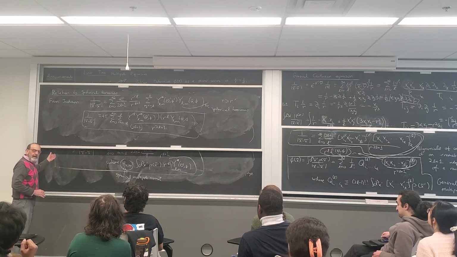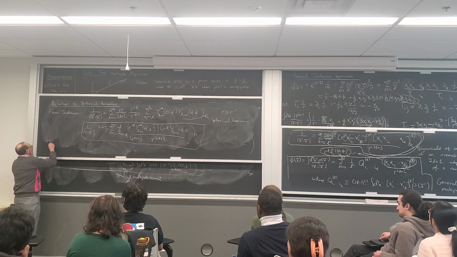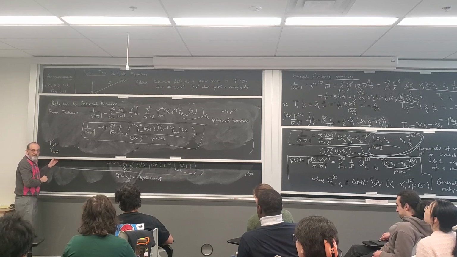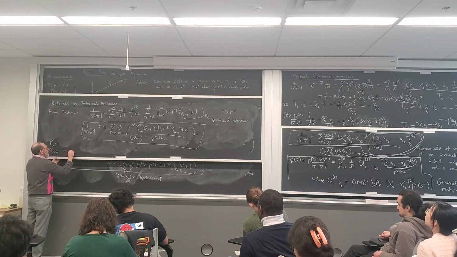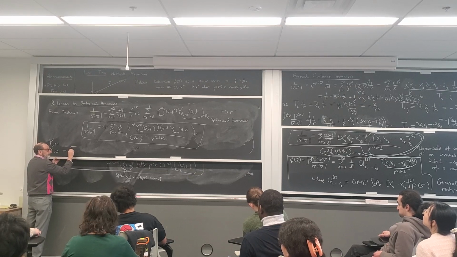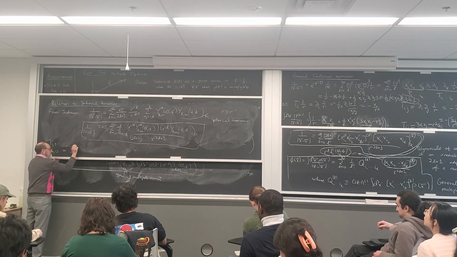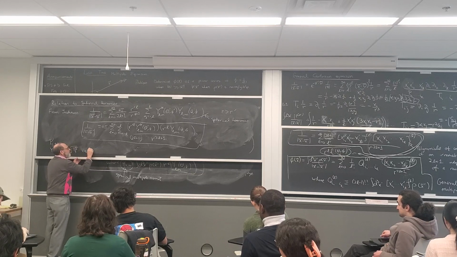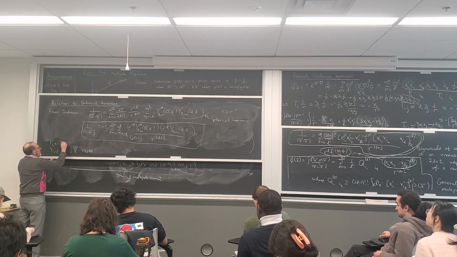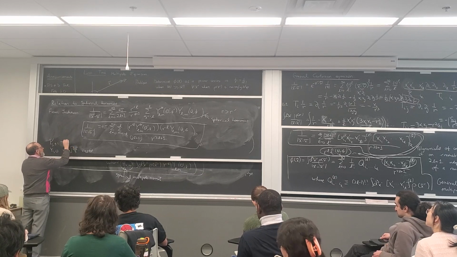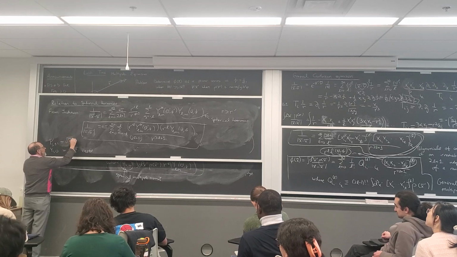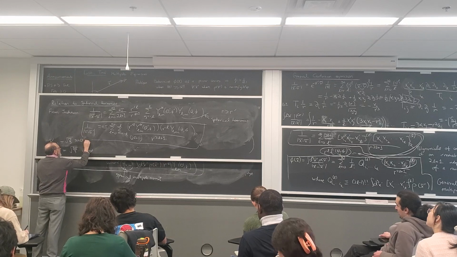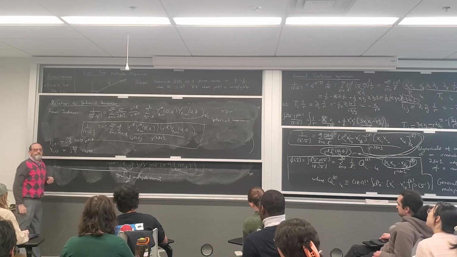That's correct. And so let me give a quick example. Let's look at Y1 plus or minus 1, Y1 0. This is equal to the square root of 4 pi over 3, cosine theta. And this one is the square root of 8 pi over 3, sine theta e to the plus or minus i phi.